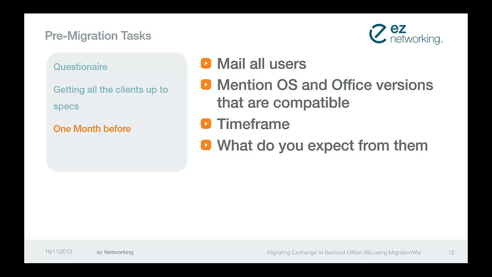Mention the time frame from when you will start the migration until the migration day itself, and what you expect from them. Do they need to change the Outlook and mobile clients to the new Office 365, or have you planned a day that everybody needs to come in with all their devices so you can set them up? Make sure that's well known with the clients.